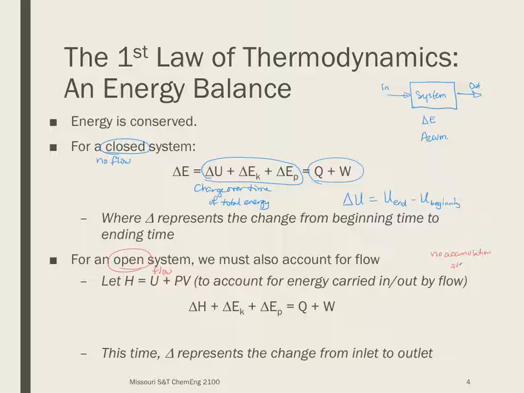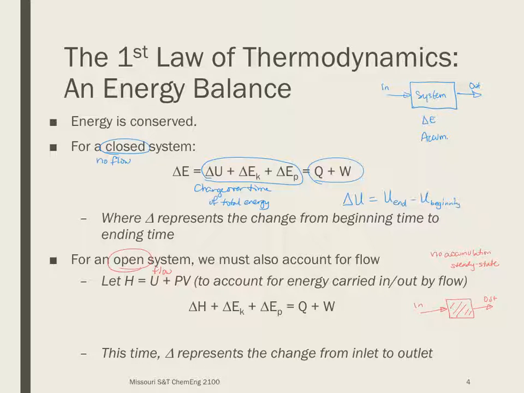So this is going to be also called a steady state problem. And in the steady state problem, I have flow, but I have no accumulation. So in that case, I have in and out, but the energy inside the system stays the same.